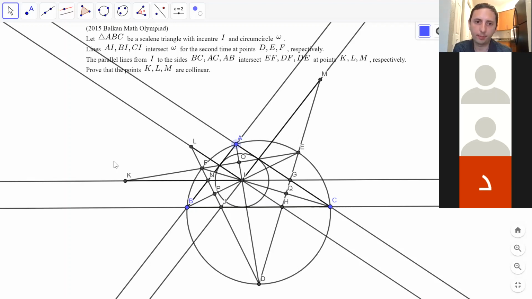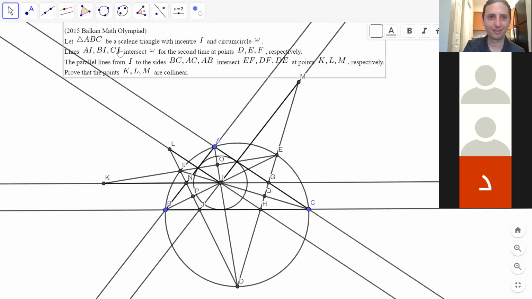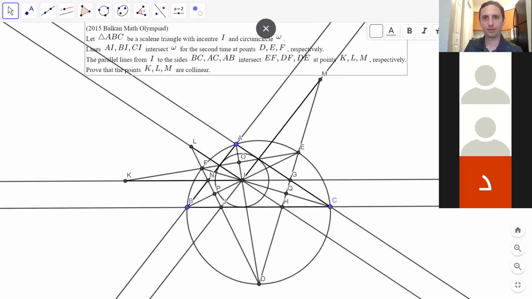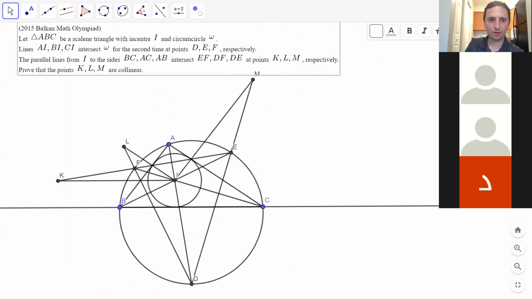So K has the same power with respect to those two. Yeah, that solves it. They all lie on that radical axis. That's really nice. I like it. All right. They have the same radical axis, the point circle I and the circumcircle of ABC.